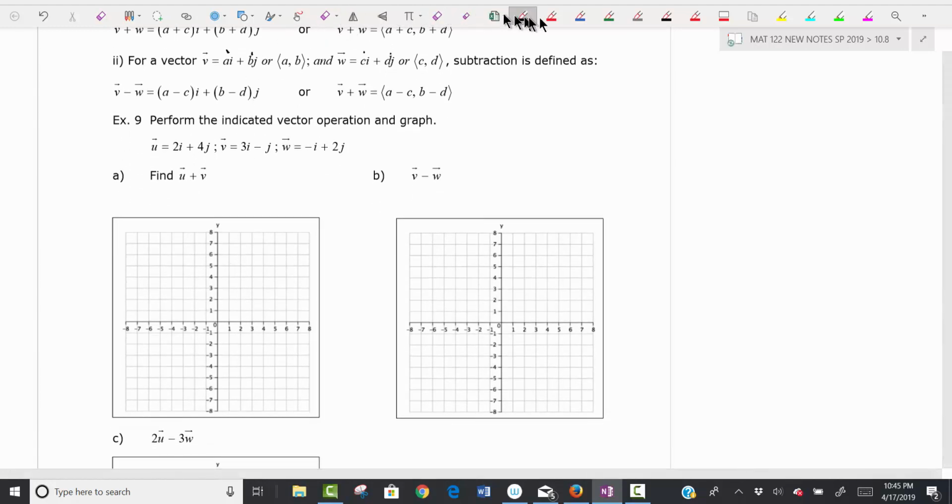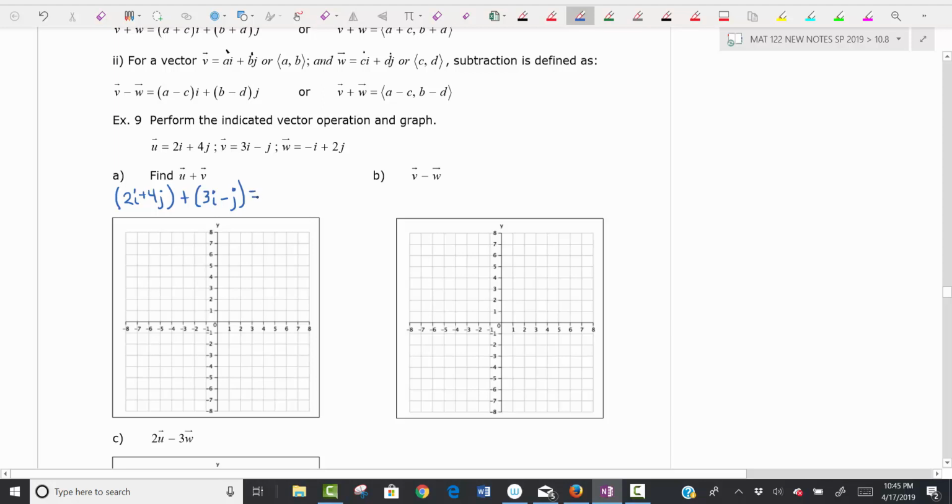All right, so what we want to do with this one is u plus v. Let's write down vector u. That is 2i plus 4j. And then we're going to add to that vector v, which is 3i minus j.